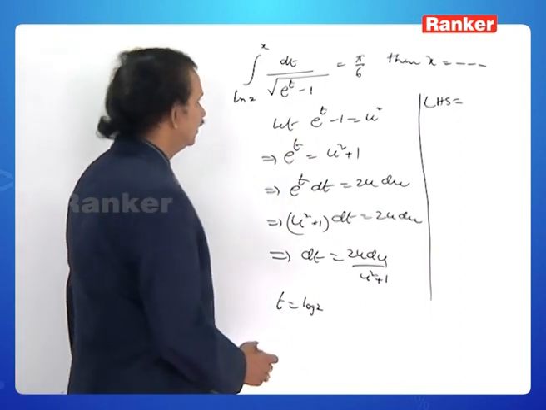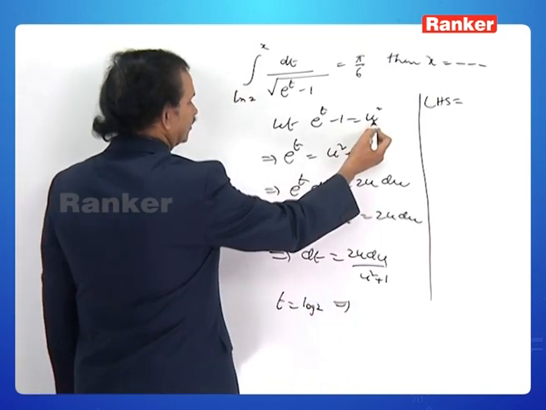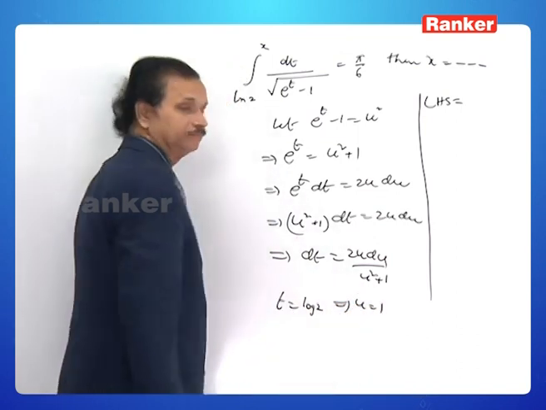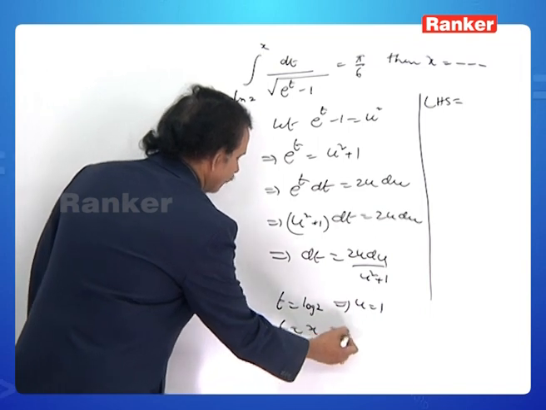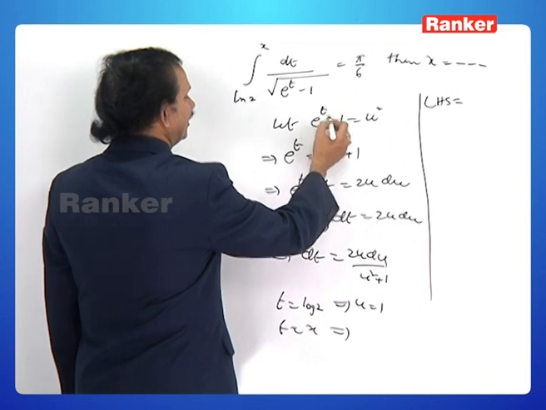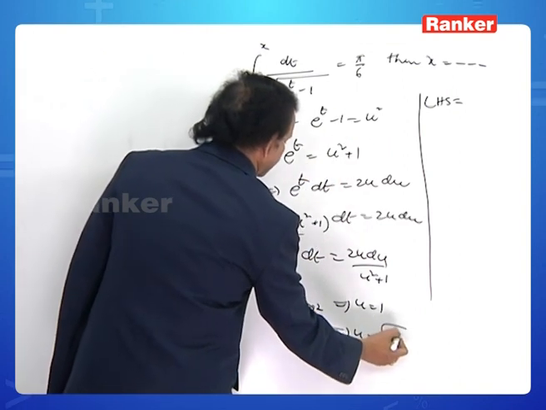It is 2, isn't it? Implies u square is equal to 2 minus 1, therefore u is equal to 1. Well, if t is equal to x, then u square is equal to e power x minus 1, so u is equal to root of e power x minus 1.